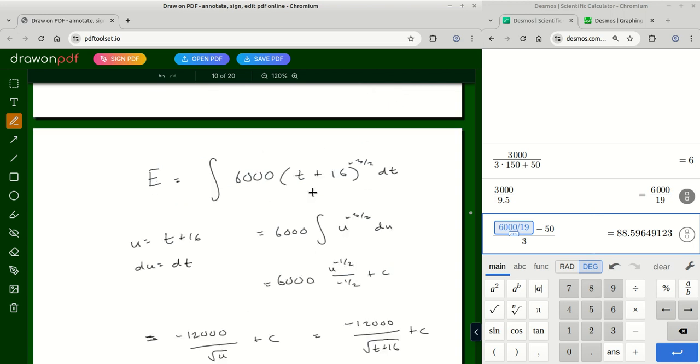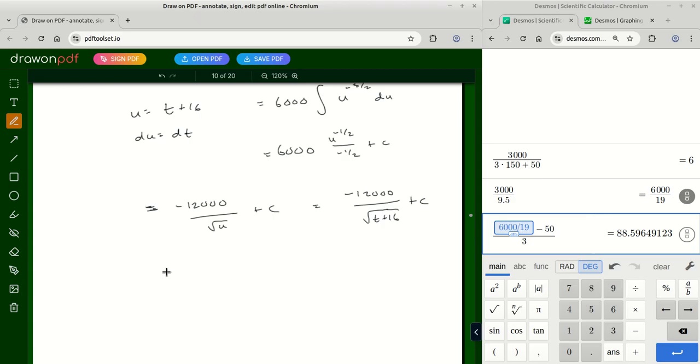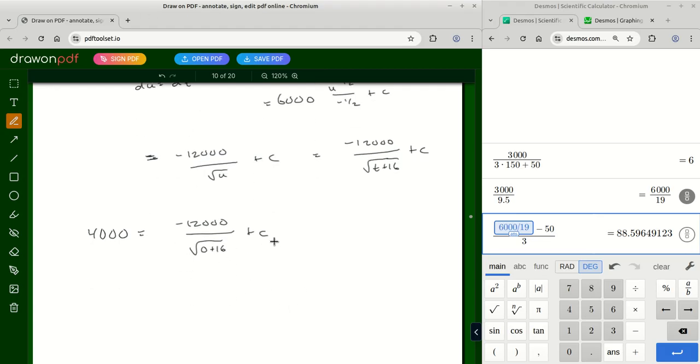Now, they told me right up here that at 0 I have 4,000. Most of the time, you can just say, oh, well, T equals 4,000, but I don't think that's going to be the case here. So I want to actually do it. So 0 plus 16, and then plus the C. Well, the square root of 16 is equal to 4.